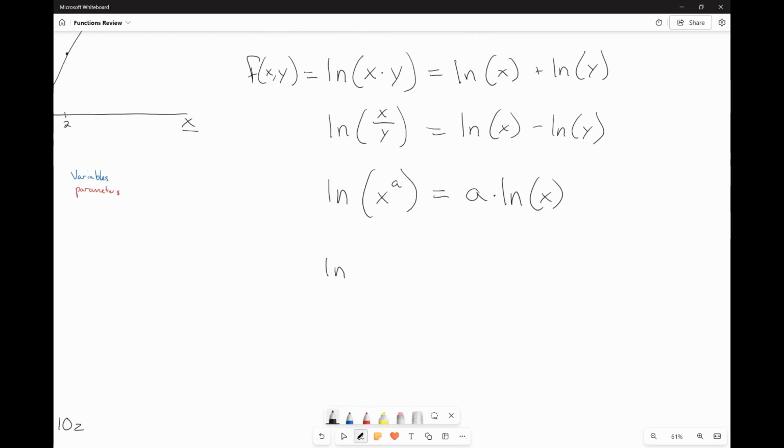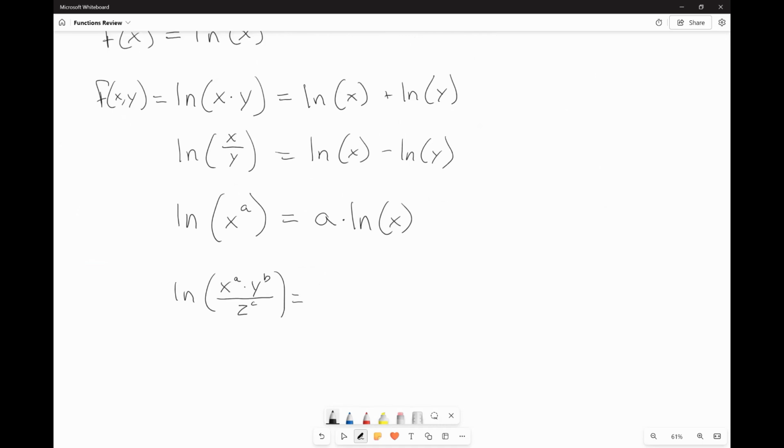You could have x to the a times y to the b divided by z to the c. Now that looks like a really messy equation. But what we can do is actually decompose it. I'll go through several steps here. So this would be equal to the natural log of x to the a plus the natural log of y to the b minus the natural log of z to the c power.